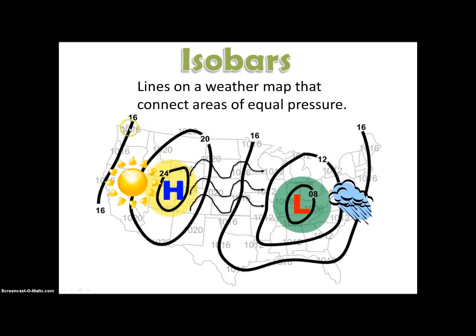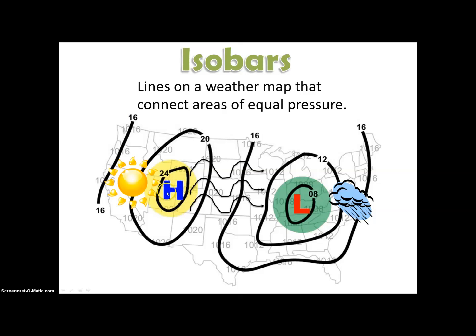All right, so now these lines that you see on the map are called isobars. And when we connect these areas of equal pressure, you'll notice it does in fact form these circles. And as you move from the outer part of the circle to the inner part of this circle, the pressure seems to increase.